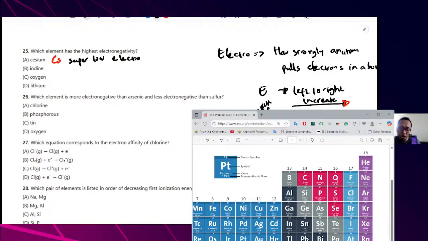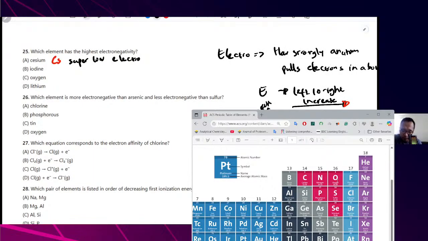Oxygen is the closest, so it's highly electronegative. The answer should be C. So based on the information in the periodic table, we can get the answer. Why not iodine? No, because it's still lower.